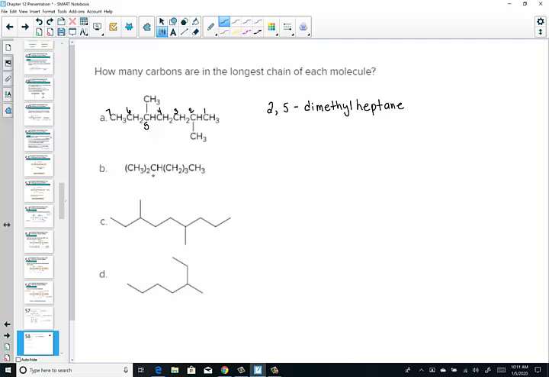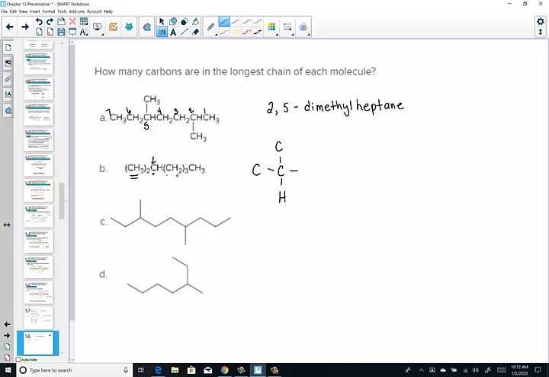Letter B might be helpful if we drew out from the condensed formula to the structural formula. Let's focus on this carbon. That carbon has 2 methyl groups coming off of its branching. Notice how it has 2 methyls and 1 hydrogen. So that's what it means by CH3 taken twice. CH. That carbon has 3 of its 4 bonds taken care of.